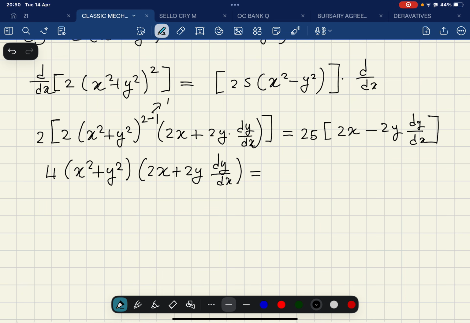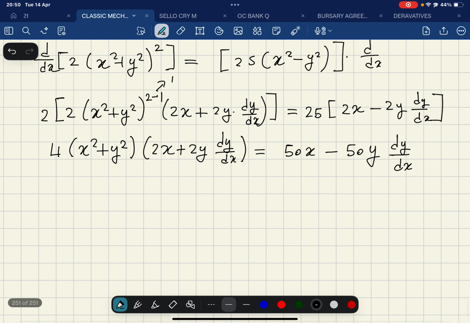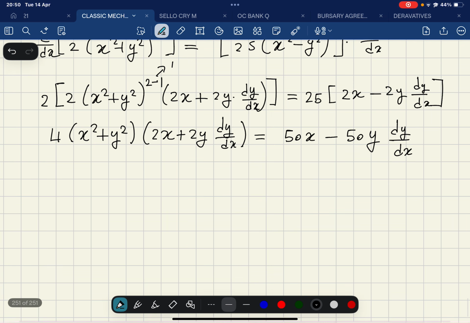Which is equal to, I can multiply that 25. When I multiply the 25, I will get 50x minus 50y dy over dx. So on the left hand side, I have to distribute that thing there.